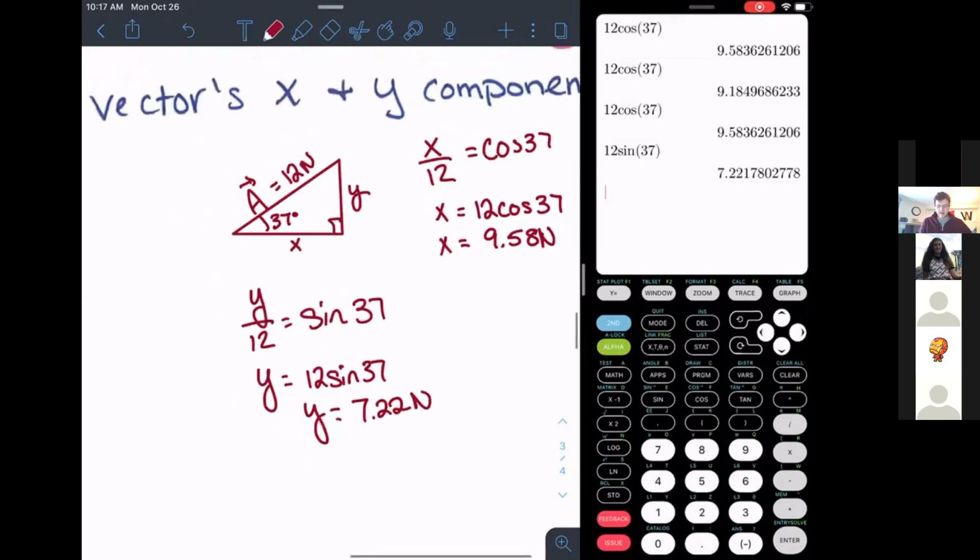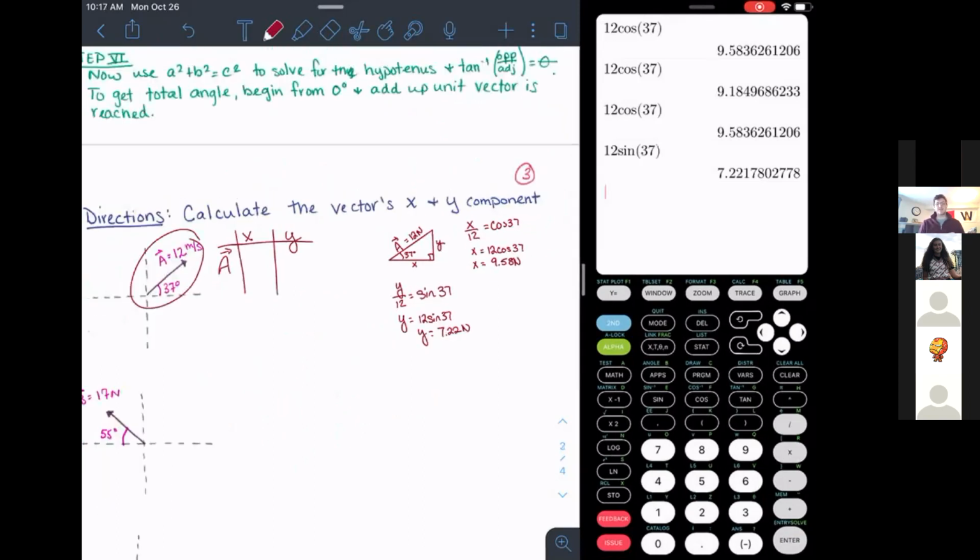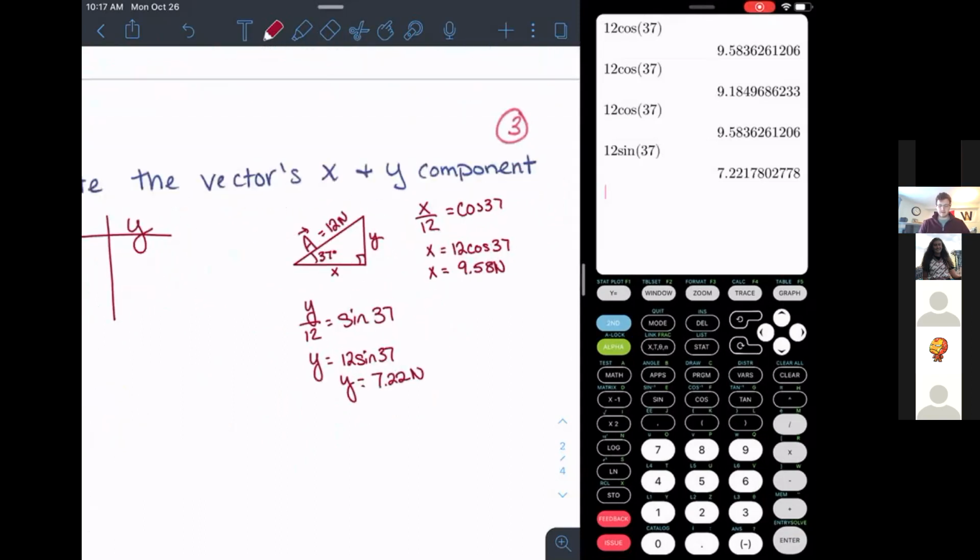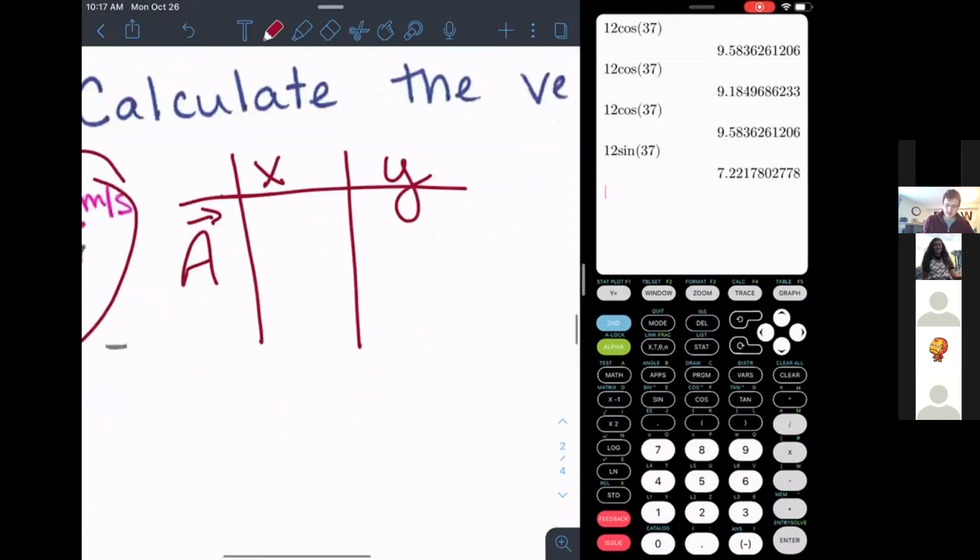Now our last step is to make sure we're in the right quadrant and to make sure we round to our sig figs when we put it in that table. So my x should be positive or negative? Positive. So what should my value be if I round to sig figs? 9.6. 9.6 newtons. Perfect.